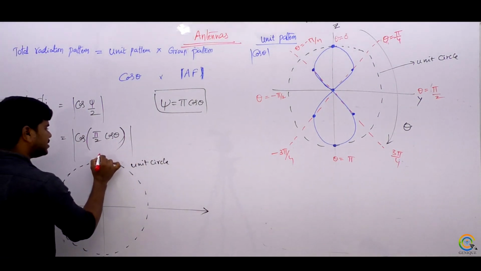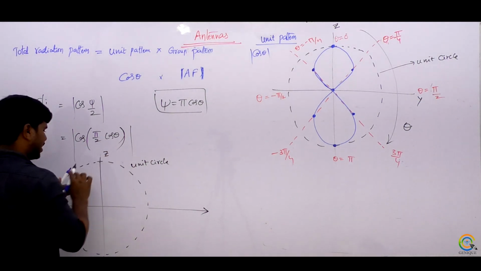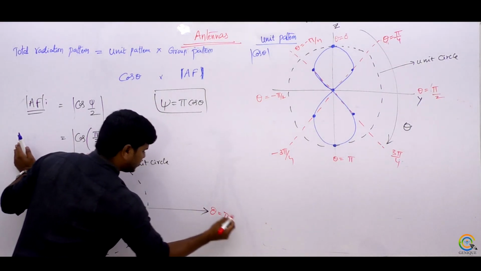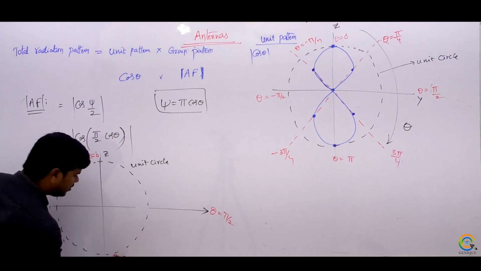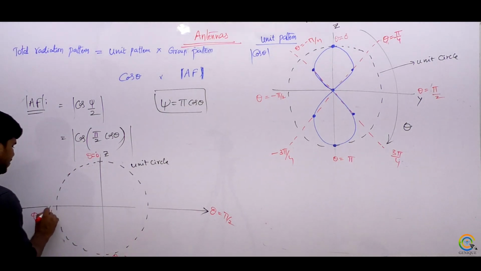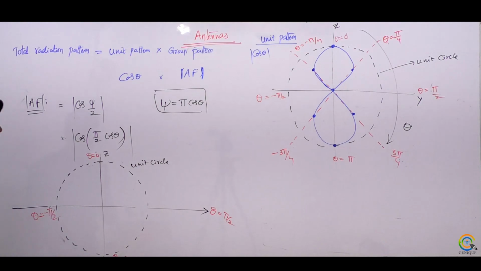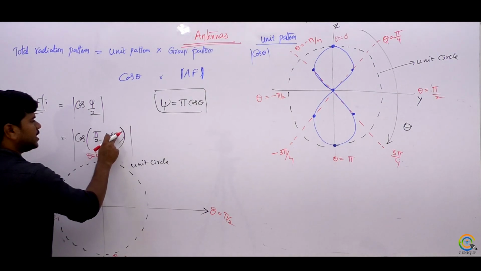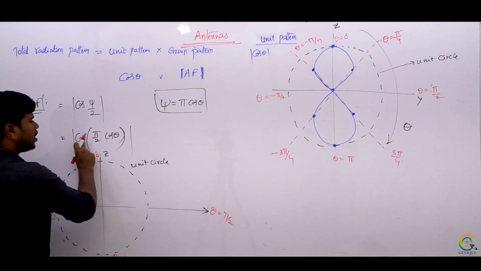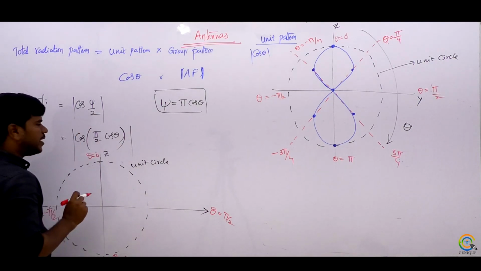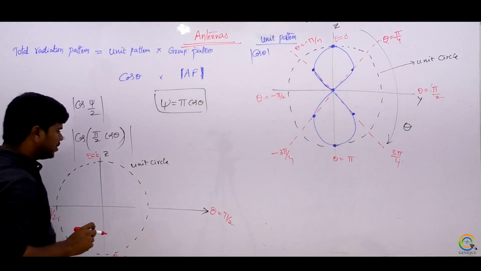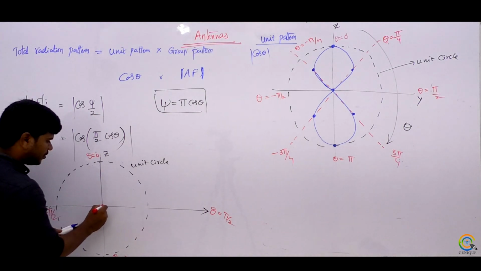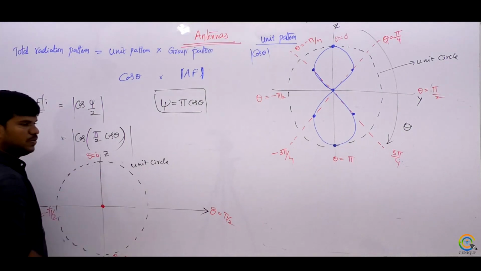Already we know this is the z axis. We know this is theta equals 0. It is theta equals pi by 2. Same, theta equals pi or minus pi, theta equals minus pi by 2, like this. Suppose I take theta equals 0 degrees, cos 0 is 1, and cos of 1 into pi by 2 is pi by 2, cos of pi by 2 is 0. Here the pattern is 0 at theta equals 0.